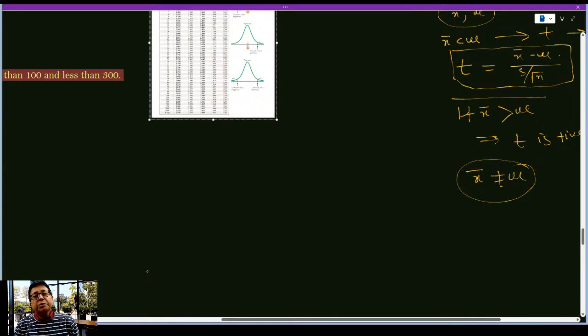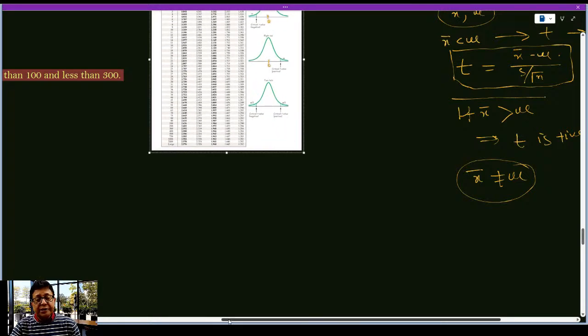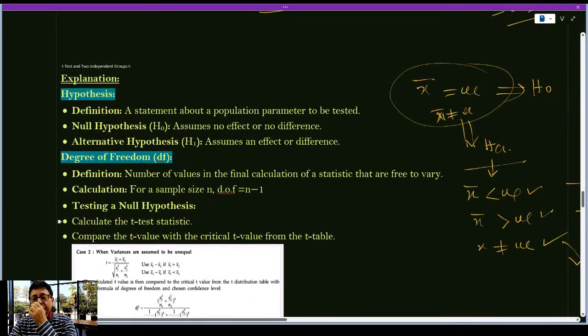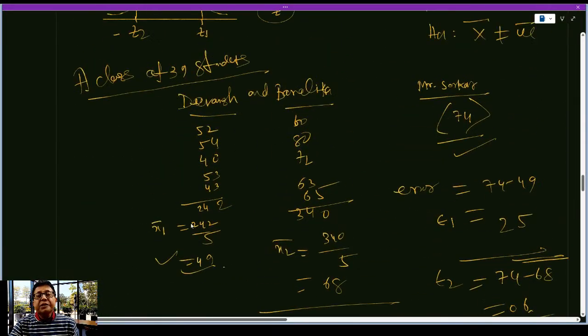Suppose we are 95% confident that my calculation is correct. Where have you seen this kind of thing? Let me go to this example which we have already taken. A class of 39 students, two students have done some calculation. There is a maths teacher, Mr. Sarkar.